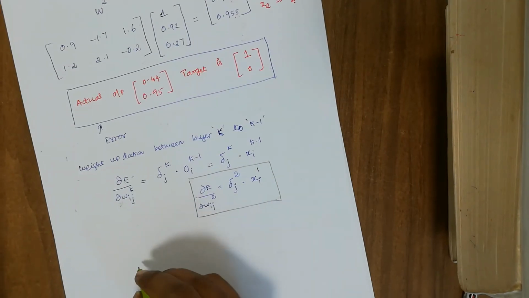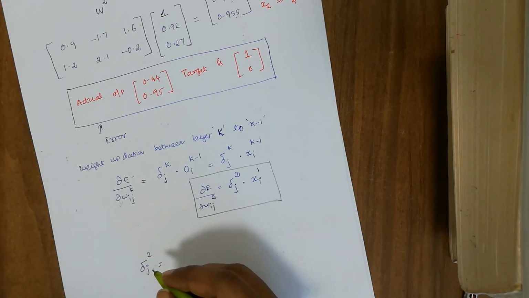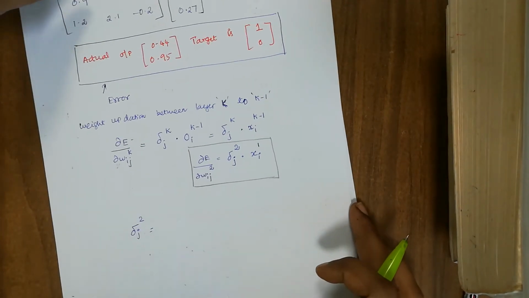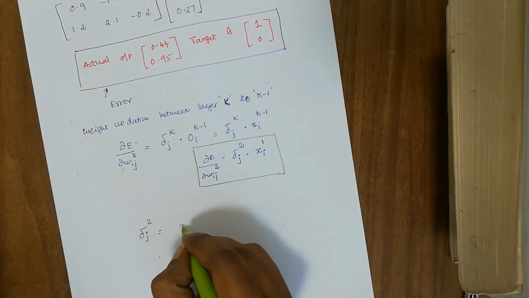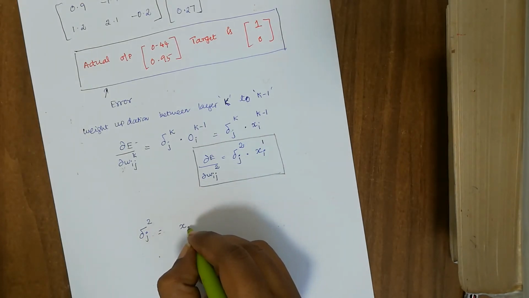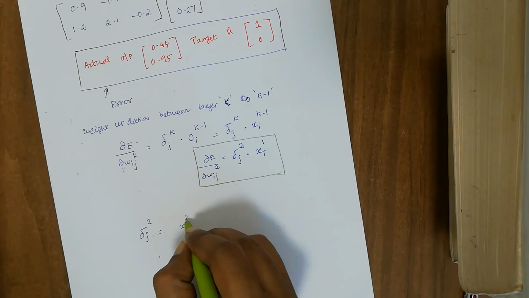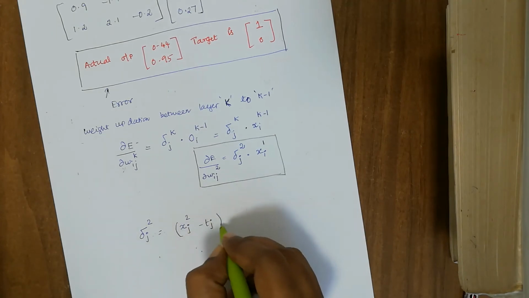Now recall what is this delta_j^2. From the derivative we can remember that delta_j^2, or delta_j^k, is the difference between the actual output, which is represented as x_j in the second layer, minus the target output.